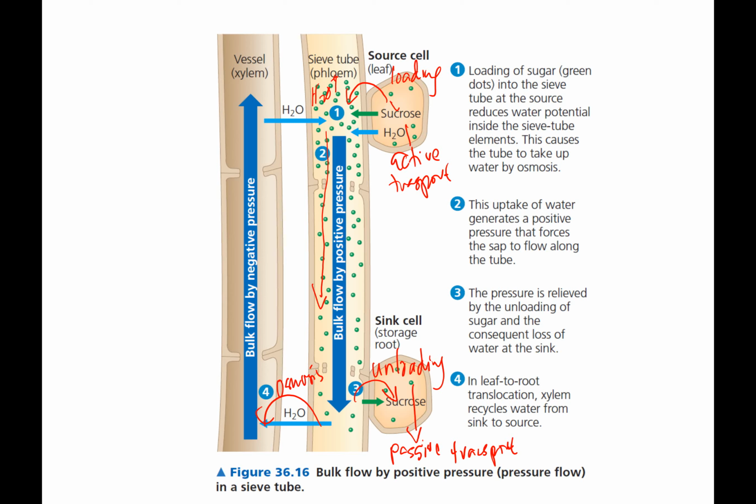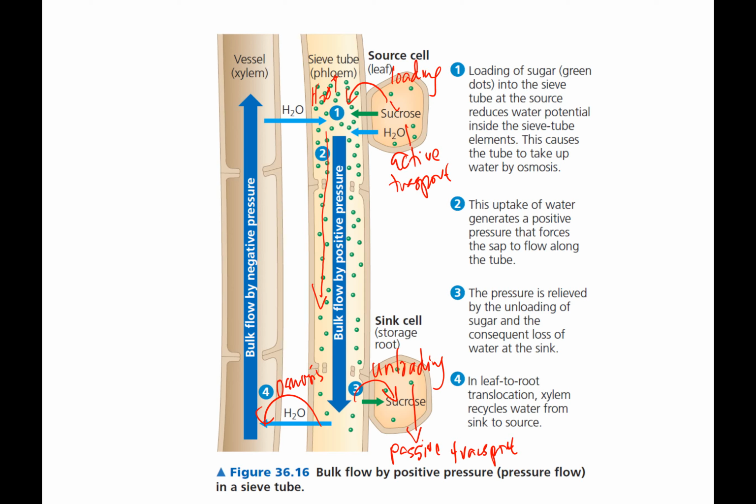You start from the first one: loading of sugar, the green dots, into the sieve tube at the source reduces water potential inside the sieve tube element. This causes the tube to take up water by osmosis. Look at the first step.